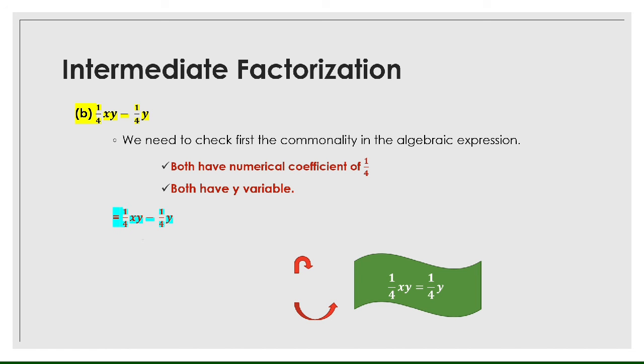So transfer out 1/4 y, and using the cancellation method, 1/4 xy divided by 1/4 y will be giving us letter x. And the next one, negative 1/4 y divided by 1/4 y, will be giving us negative 1.